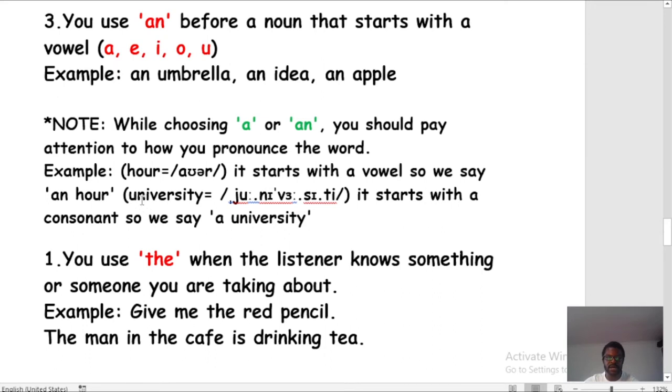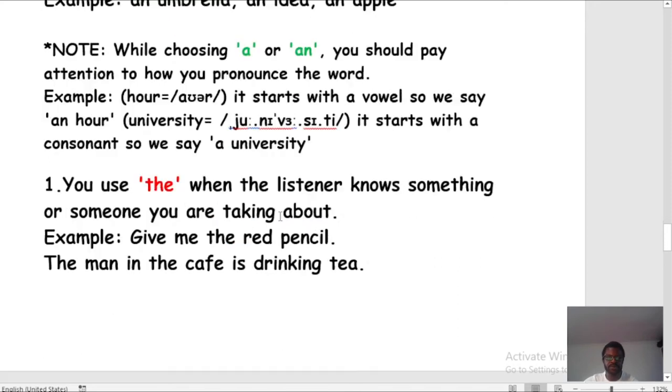And here we've got university. Even though this one starts with U, which is a vowel, we pronounce it as university, which sounds more like a consonant. So instead of saying an university, we say a university, because it sounds like a J sound, university.